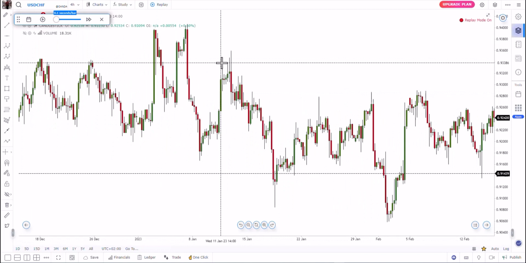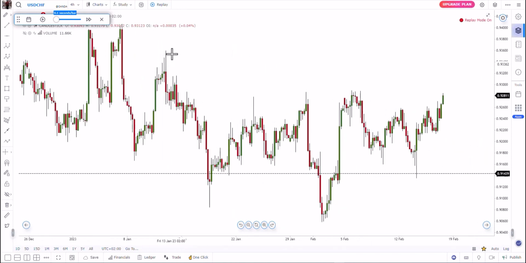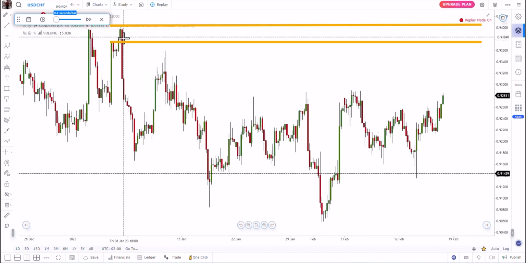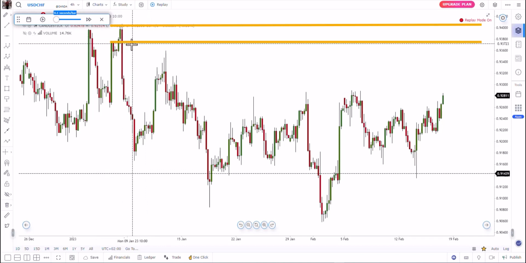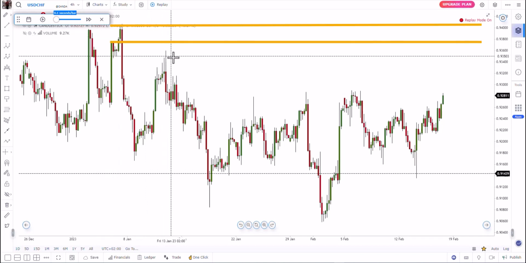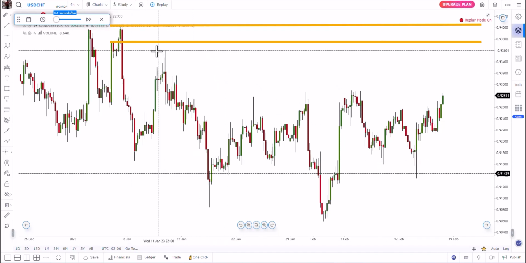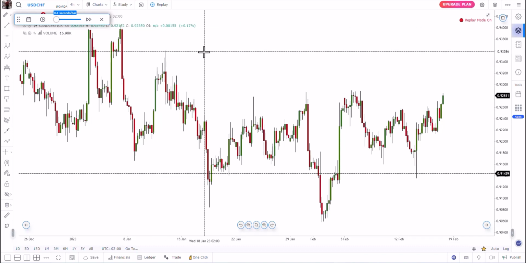I wanted this to be my supply zone, but I was like, okay, this is not yet mitigated because this is our shoulder, this is our head. So I wanted the market to come to this QML level before dropping down. So I was like, okay, so maybe this is our FTR, failure to retest.